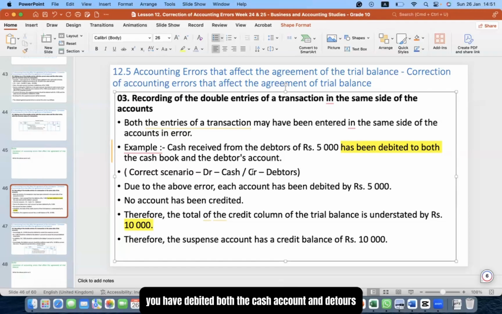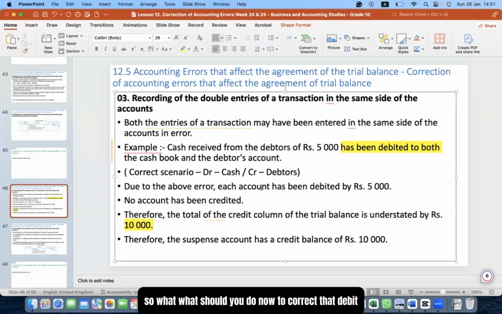The cash account debiting is all fine. That is nothing to worry. Now the problem is instead of crediting debtors account, you have debited your debtors account.